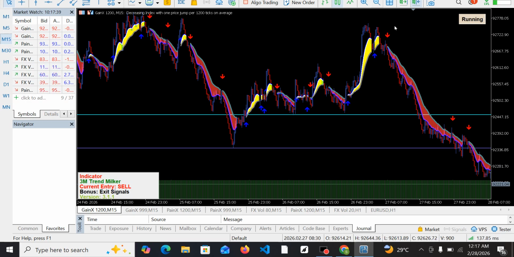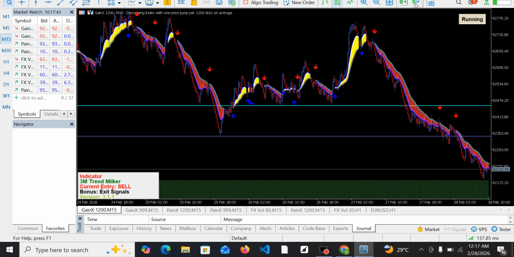For those of you that don't know what the 3M trend milker indicator is all about, it is a trend trading indicator that helps you to analyze the markets very well. It gives you a clearer version of the market, what you should go for and what you shouldn't do.